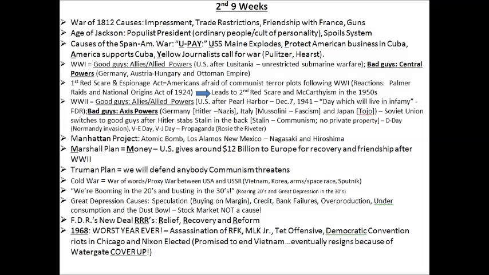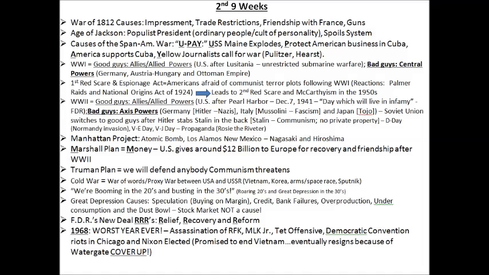The bad guys are, instead of Central Powers this time, they are known as the Axis Powers. They are Germany, which is run by Adolf Hitler and the Nazis; Italy, which is run by Benito Mussolini and his new form of leadership called fascism, which is a lot like Nazism, less racist.